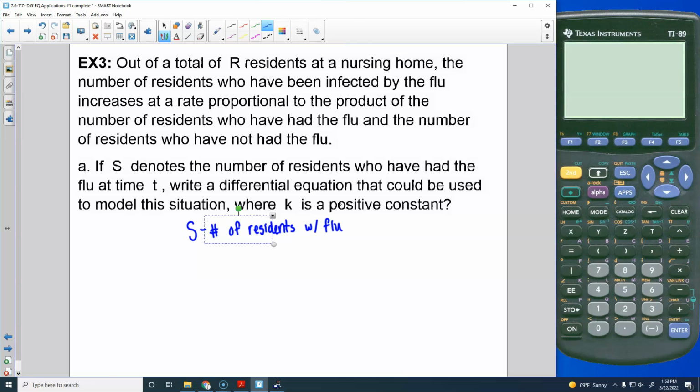And then T is our time. K, what is it? Constant. Is our constant of proportionality. We'll just write constant. And I see a capital R. What is it? Not radius. It's not the radius of the nursing home. Total residents.